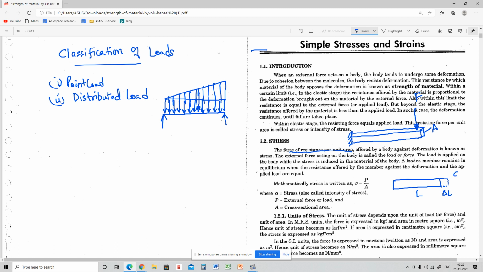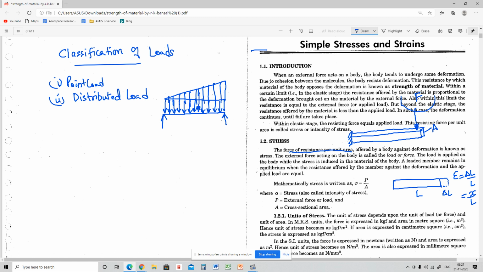So strain defines the change in length by the original length, and some textbooks define the change in length as x, so some x amount of change over the original length. When any beam is subjected to a load at a particular cross section, how much deformation takes place first depends on its material.